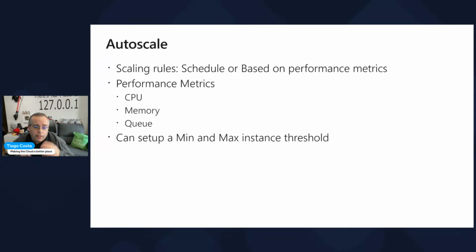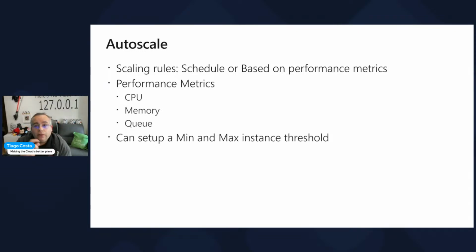For unpredictable load, I need performance metrics, for example CPU, memory, queue, stuff like this. What will be the best? Well, it depends on your app. If your application consumes a lot of CPU, so it's a CPU intensive application, definitely we need to focus our metrics on the CPU.